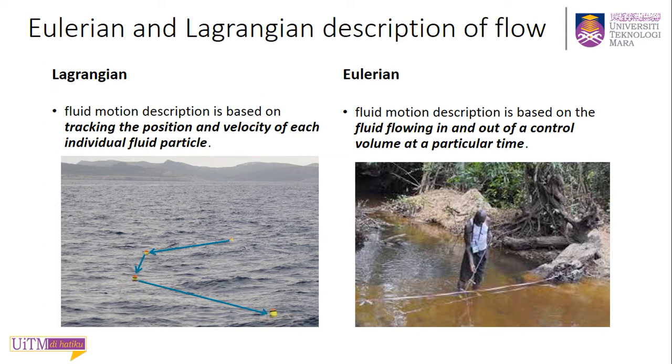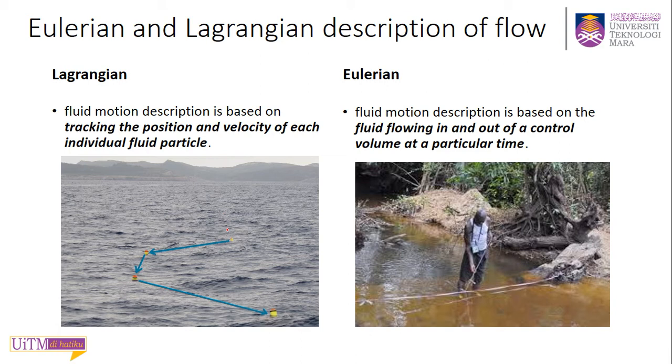To understand the difference between these approaches, I give you this example in the picture. So Lagrangian, in this first picture of the sea. When they want to analyze any fluid motion or fluid flow, they track the position and velocity of each individual fluid particle.